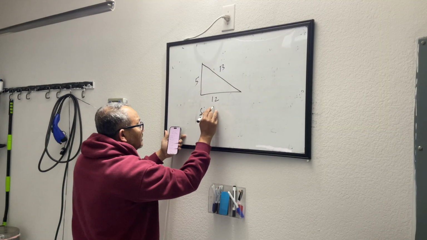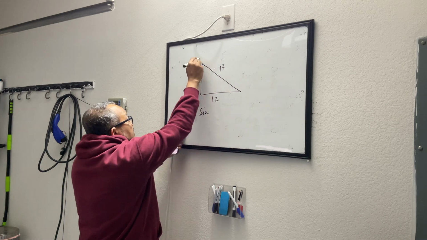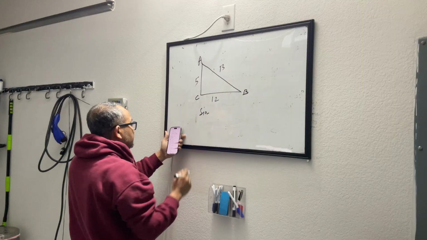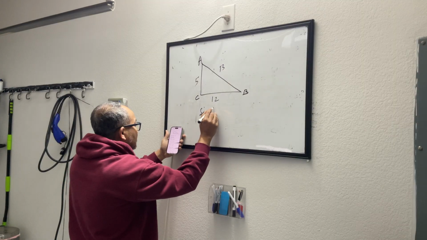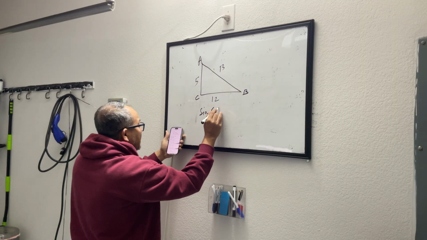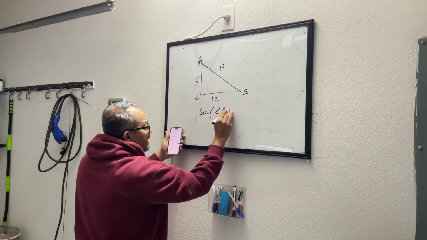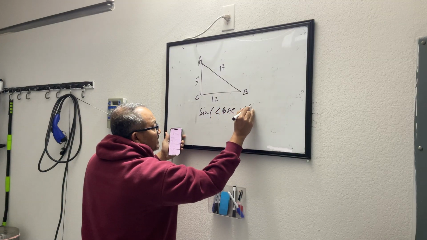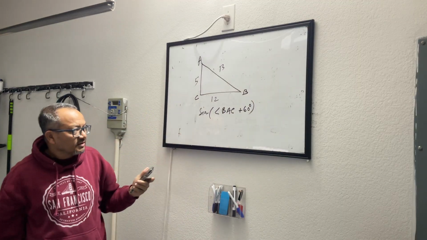Let me give the names also, A, B, C. It says find out sine of BAC plus 60 degree.